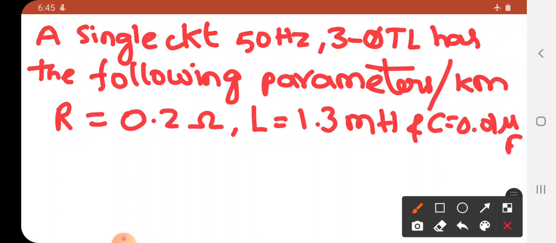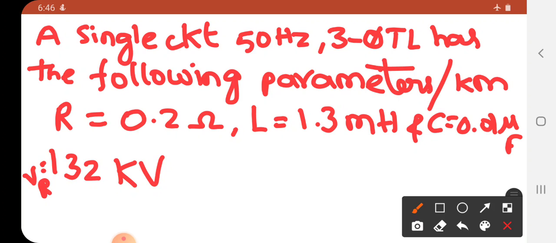Next, the voltage at the receiving end is 132 kilovolts.